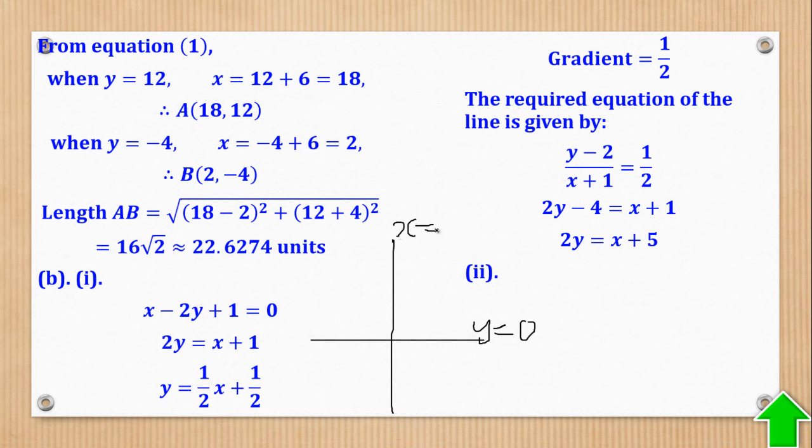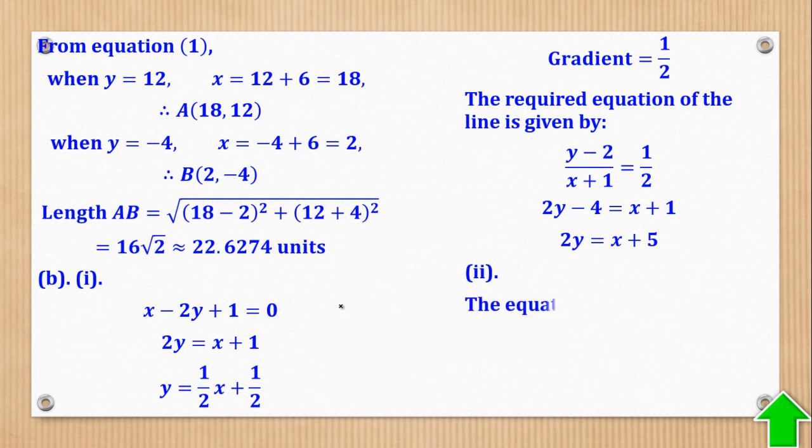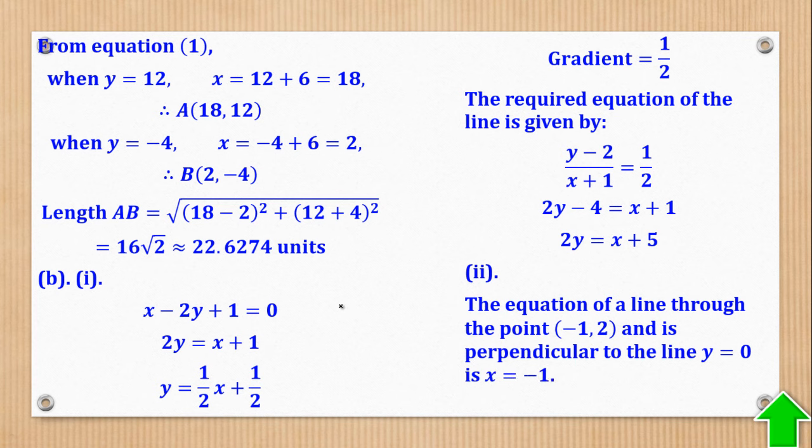So the perpendicular line is x equal to 0. Now they want a line which passes through point -1, 2. So that line should be this. And that line will be x equal to -1. So here what they wanted you to do is to state like that, and that's what they wanted.